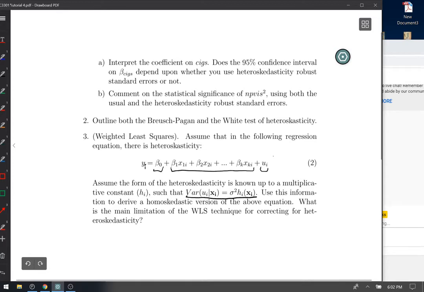A lot of these things aren't defined. The bold x_i here refers to all x_ji, for all i equals 1, 2, and so on. Again, it's not stated what the sample size is.